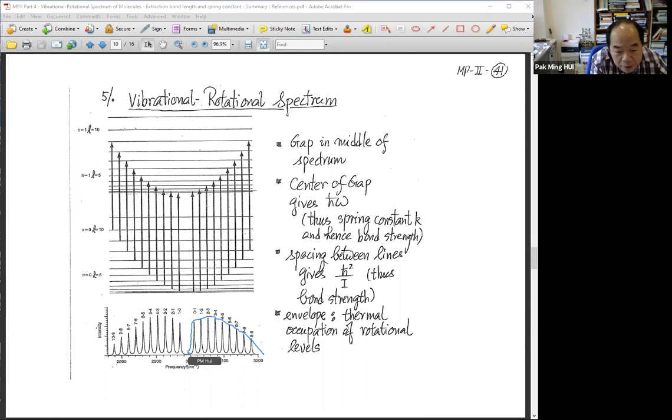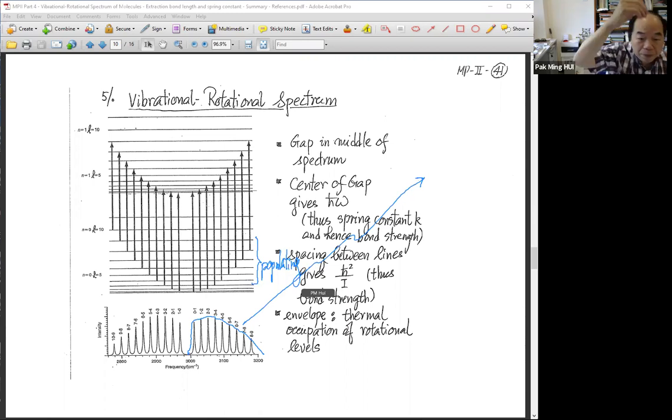This envelope, okay? Are you doing thermal and statistical physics? Good. So here, it is related to how the molecules populate the rotational levels. So the molecules are populating here, and then they will go up to the higher branch.